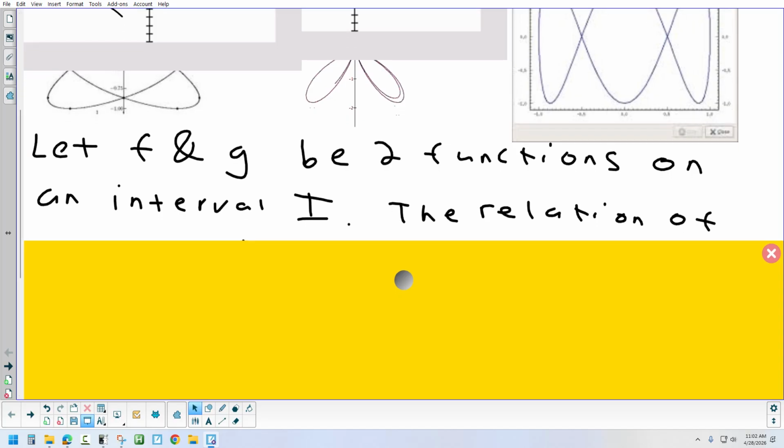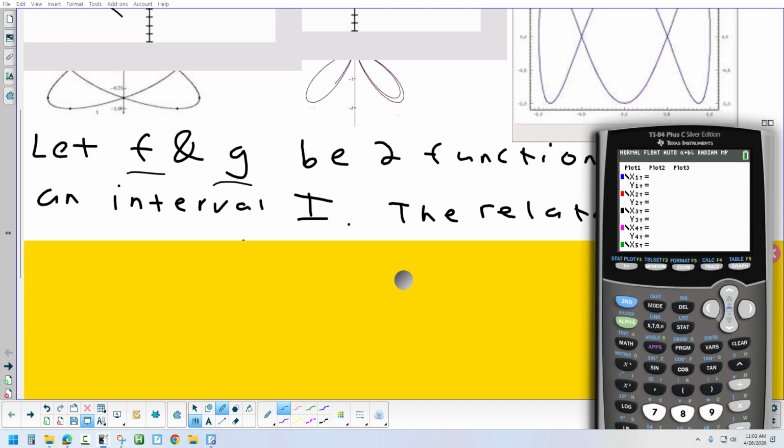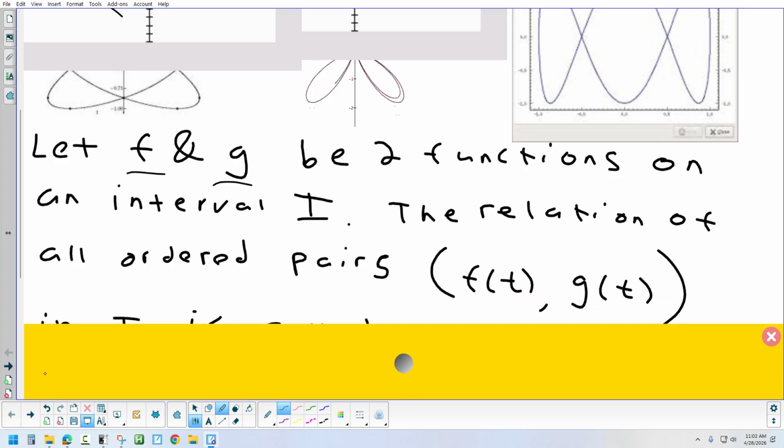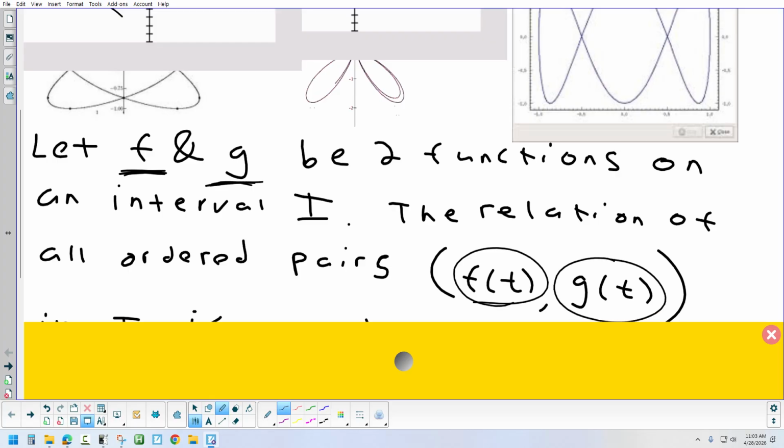All right, so let's say that these are going to be the 2 functions that I would type in to the calculator. We'll call the first one F, and the second one G. The formula that I'm calling F is going to be the formula that generates all the X values of my coordinates, and the formula G is going to generate all the Y values.